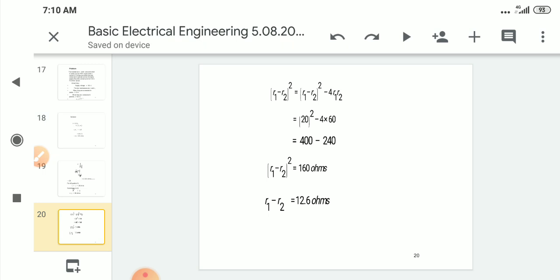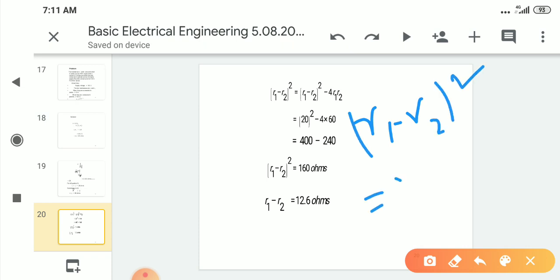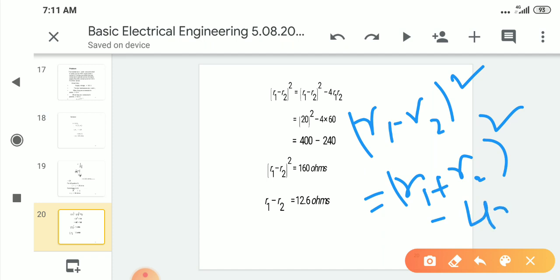Here we are taking the formula of A minus B whole square. R1 minus R2 whole square is equal to R1 plus R2 whole square minus 4 R1 R2.